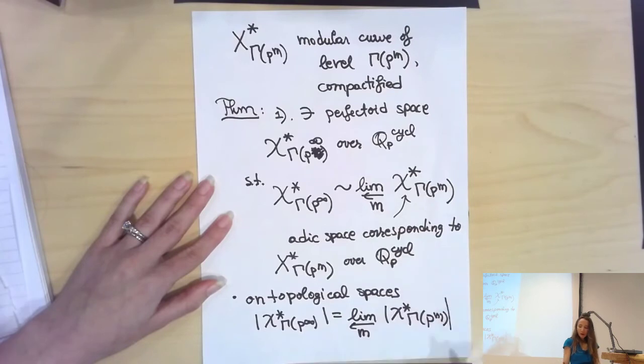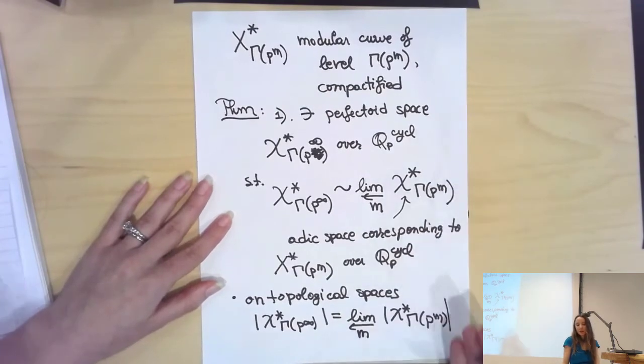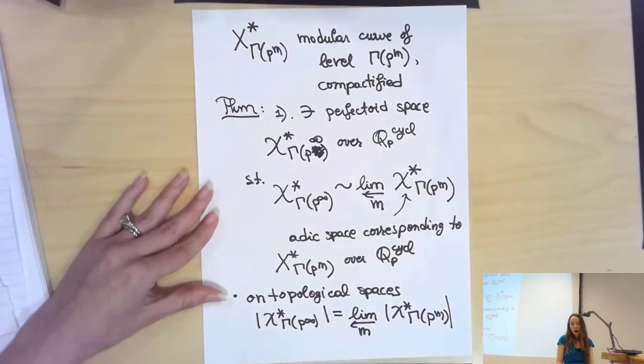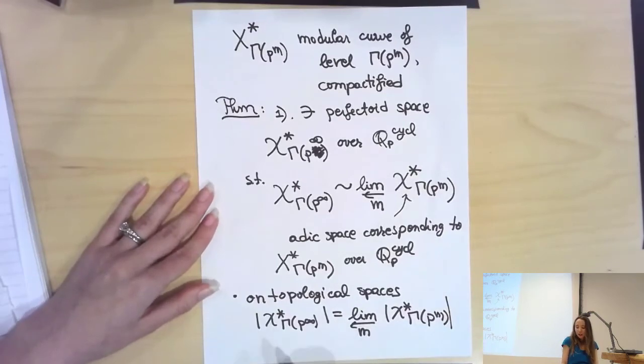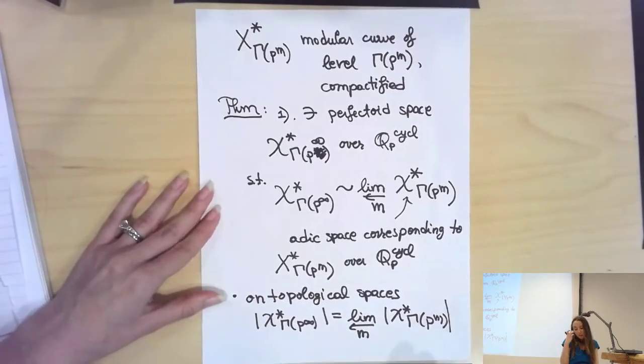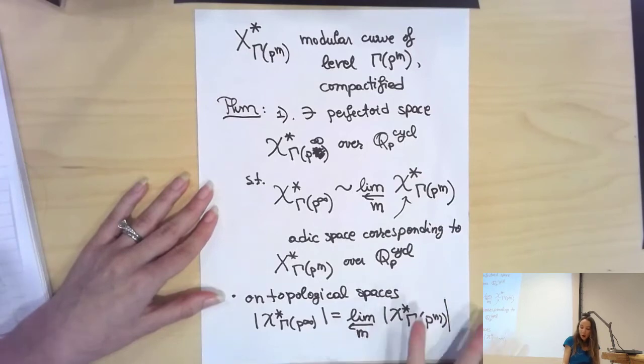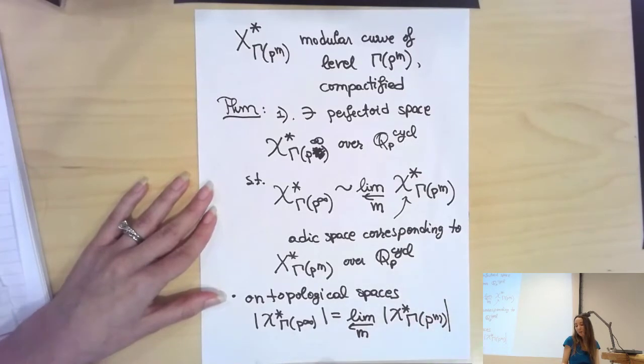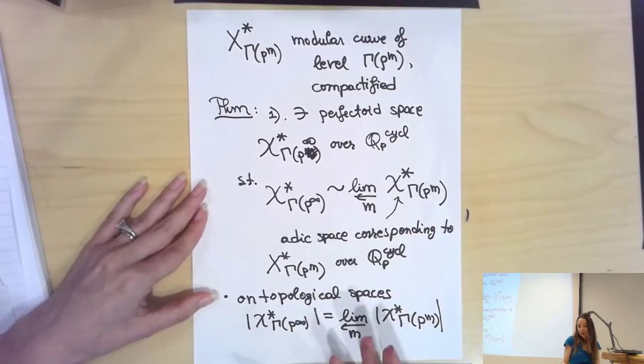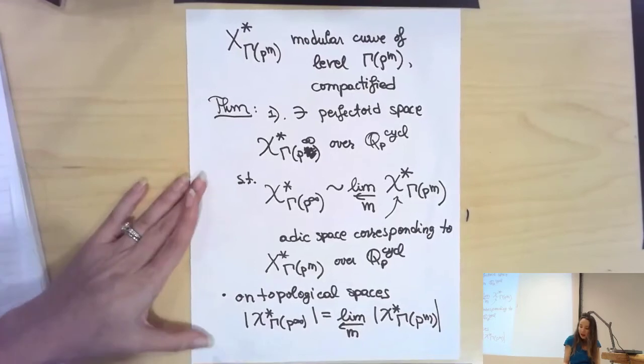And these are adic spaces that come from these smooth projective varieties. So these are quasi-compact. As topological spaces, they're pretty nice. They're so-called spectral spaces, so homeomorphic to the topological space underlying an affine scheme.